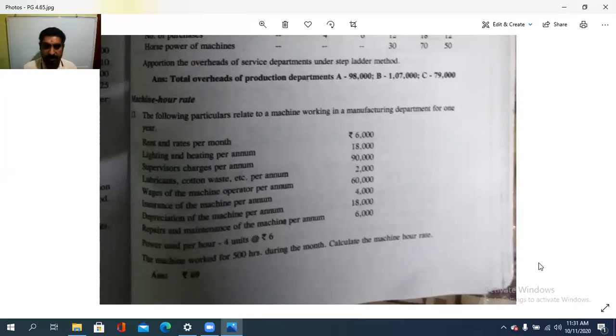Rent and rates per month 6,000. Lighting and heating per annum 18,000. Then supervisors charges per annum 90,000. Lubricants, cotton waste per annum 2,000. Wages of the machine operator per annum 60,000. Insurance of the machine per annum 4,000. Depreciation of the machine per annum 18,000. Repairs and maintenance of the machine per annum 6,000. And power used per hour 4 units at ₹6, and the machine worked for 500 hours during the month. Calculate the machine hour rate.